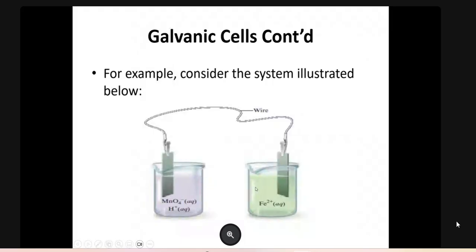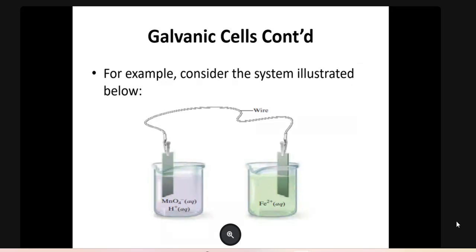I wanted you to understand why we need the salt bridge. But some of us are visual learners, so the way you're explaining, we are not understanding anything. But you can see the galvanic cell on the screen, right? Yes, sir, we can.